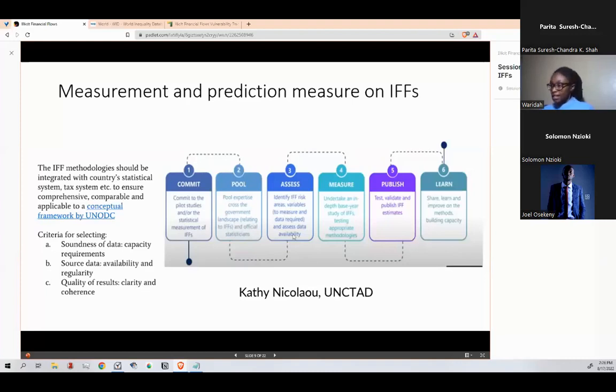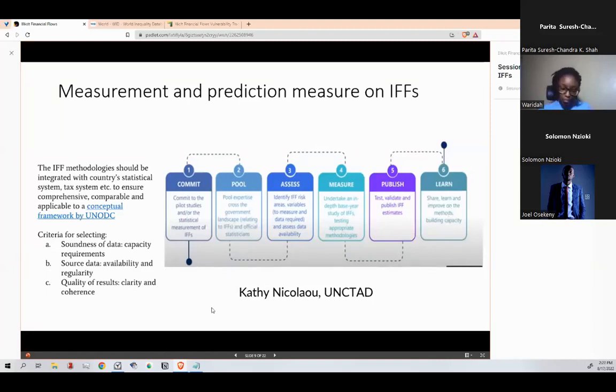So these first 3 steps are able to ensure that the IFFs are measured well, and finally they are tested, validated, and published. And we encourage that we get more and more IFF related data. So there's the sharing, learning, and improving on methods.